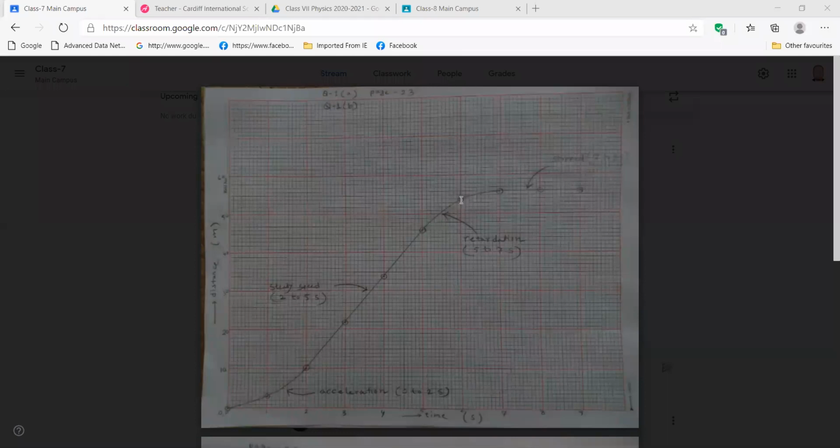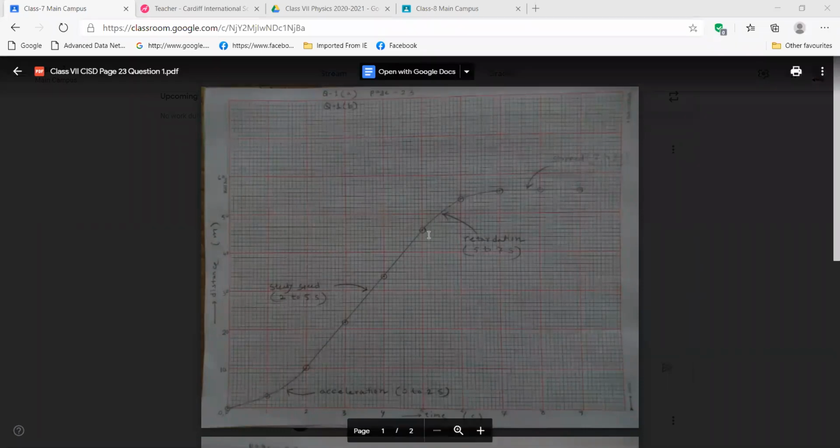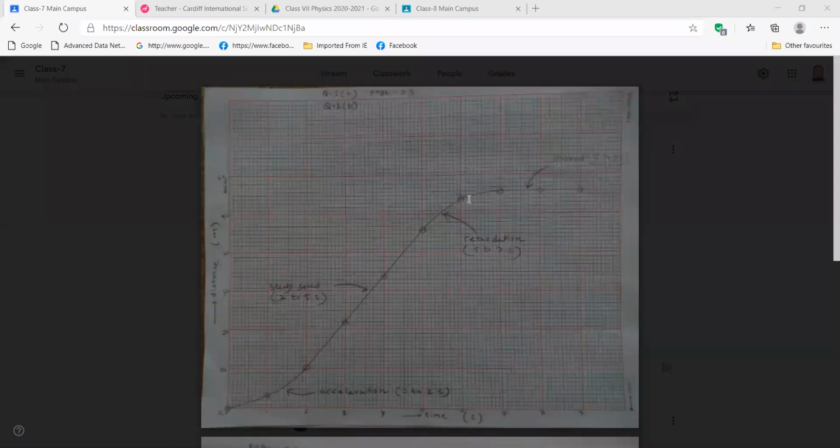So how much distance covered? 8 meter, isn't it? This second, the motorcycle is going with 8 meter per second speed. So it is decreasing speed, right? The speed was before 12 meter per second. Now it is 8 meter per second. The speed is decreasing, right?